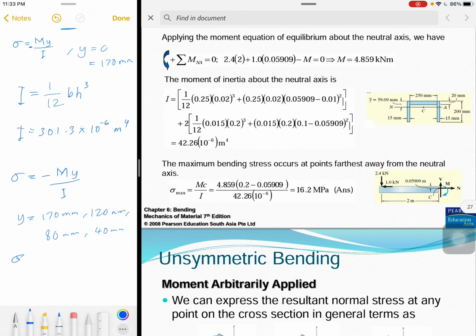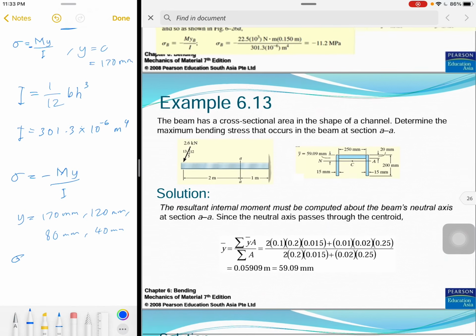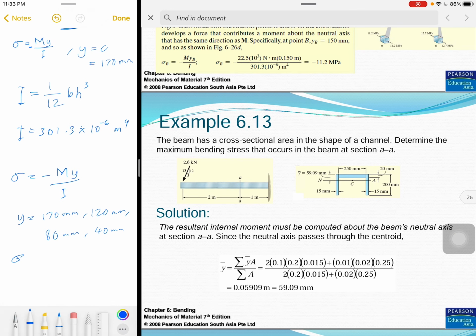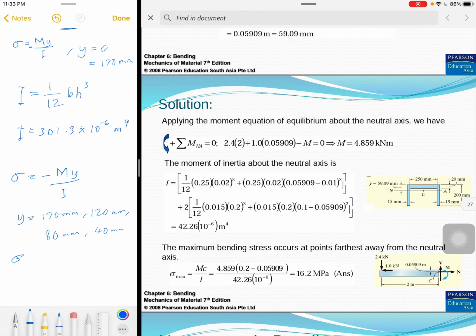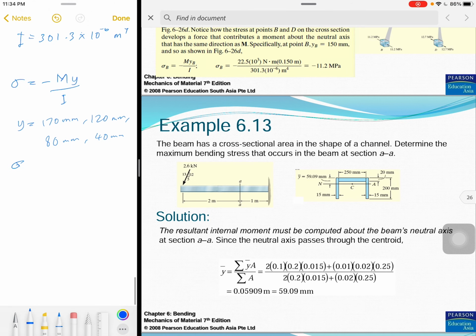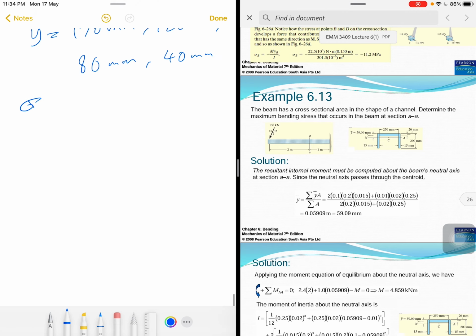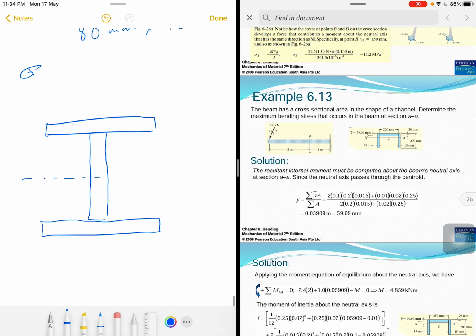Now we go to the last example before we finish with this subtopic, example 6.13. I just want to emphasize one thing only. Like I said just now, when the cross section that we used just now is symmetrical, we know that the neutral axis exists at the middle.